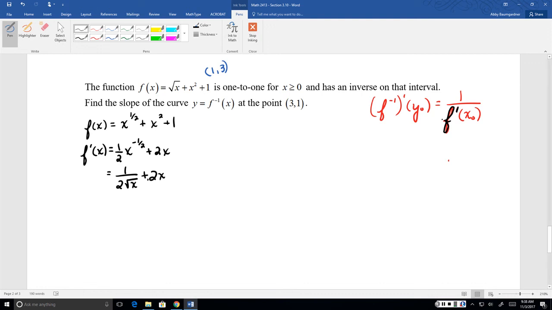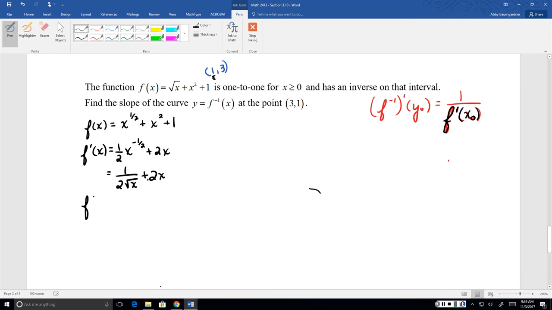All right, it's not enough to know what f prime is. We have to know what f prime of x naught is. So what x value should I be plugging into my original function? I should be plugging a 1 in.